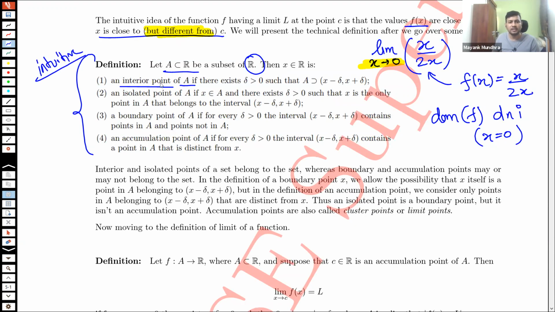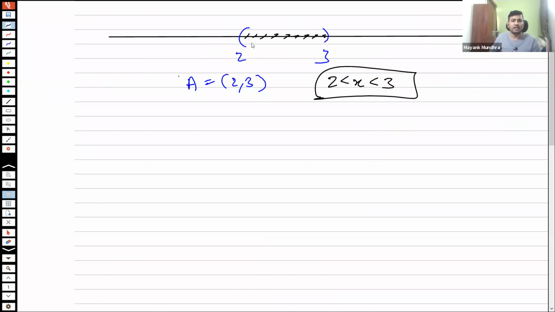Here we are saying that any point x is an interior point of A if there exists a delta positive such that x minus delta to x plus delta, the neighborhood of x, is inside A. So all these points are interior points of my set A. Let me pick any one of them, let's say this one.